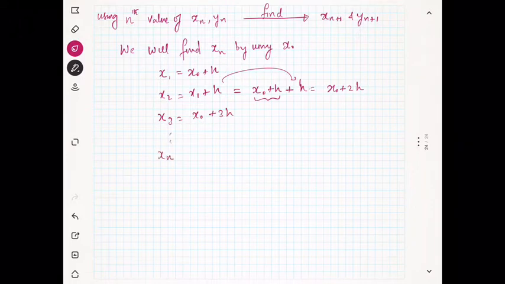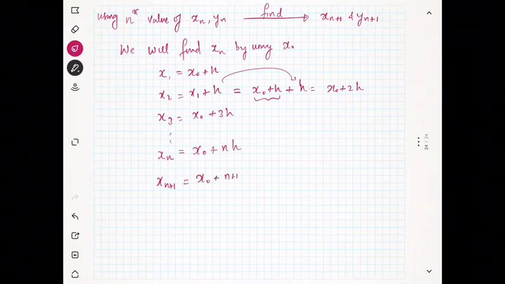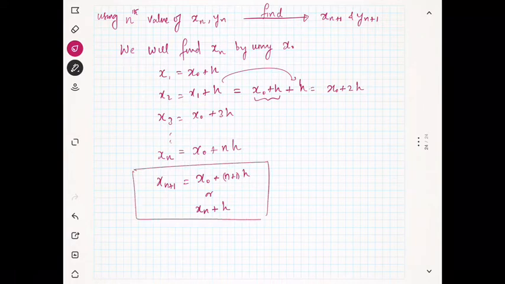In general, xn is equal to x naught plus n into h, and xn plus 1 is equal to x naught plus n plus 1 into h, which is nothing but xn plus h. So this is how you are going to proceed.